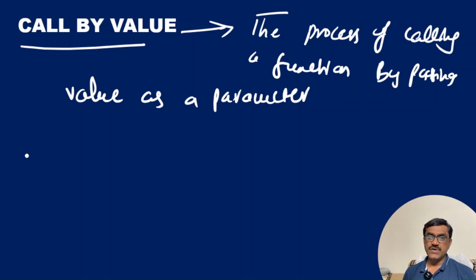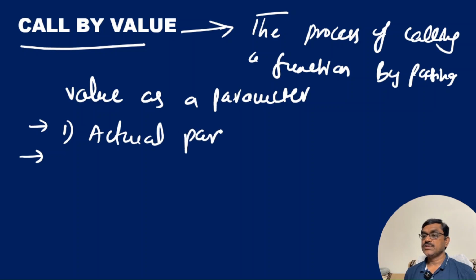In the last session, we also discussed what is meant by the actual parameters and formal parameters. So, in the method of communication or in user-defined functions, there are two types of parameters I said. The first one is actual parameters, and the second one is formal parameters.